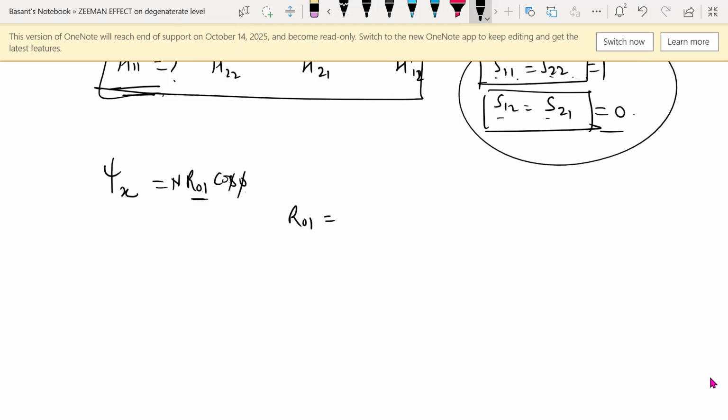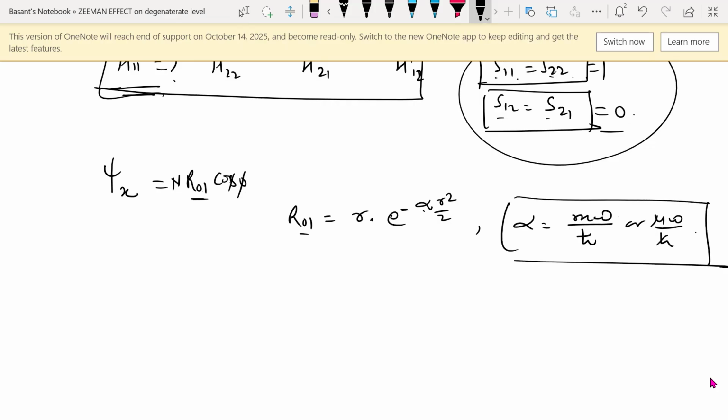R01 is equal to R times e to the power minus alpha R square by 2. And here alpha is equal to m omega by h bar, or mu omega by h bar for the combined body system.